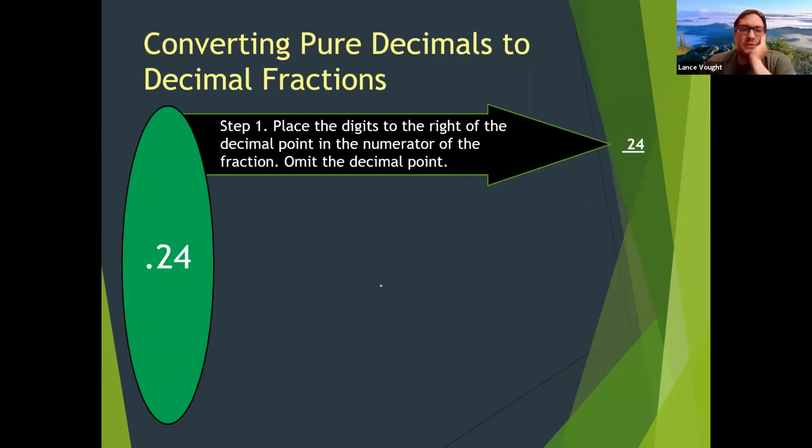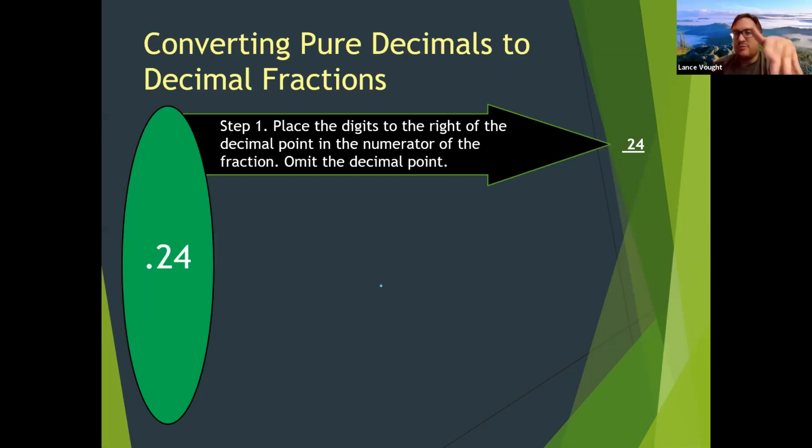So if we want to convert this to a fraction, again, remember, like I said, you know what the denominator is. If it's 0.24, you know the denominator is going to be 100 because there are two numbers after the decimal point. But if you're turning it into a fraction, the one thing I failed to mention before is that you need to treat all of the numbers after the decimal point as a whole number and make that the numerator.